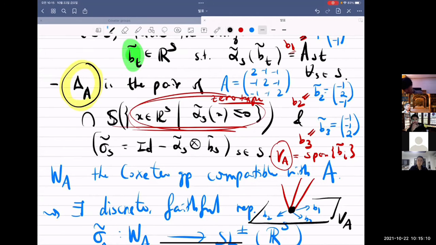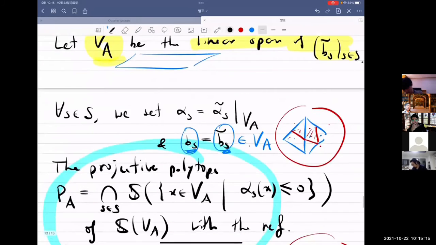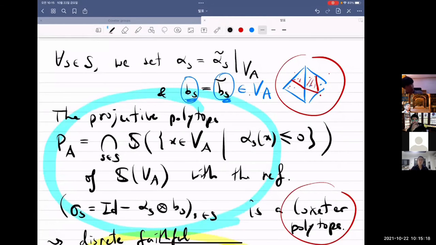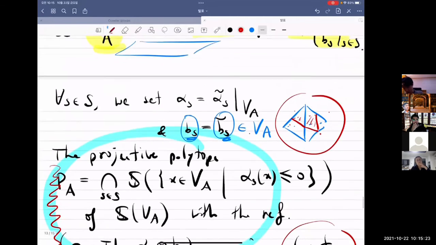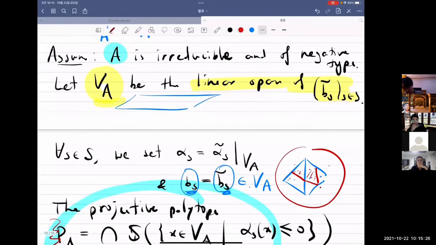So you cannot really construct this projective polytope here. We need the negative type. In fact, to put it more precisely, A does not contain this. The problem happens when A is reducible and some components have a zero type.